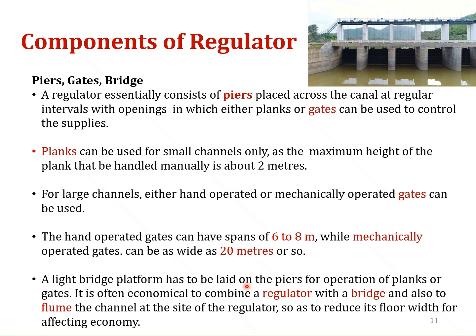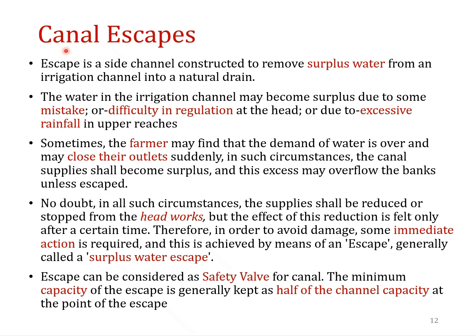So this was briefly about the regulator types and their components. The next type of structure we want to talk about is called canal escape. As the terminology tells you, escape means to flee away. So here, the escape word is used for a structure which is used to remove the surplus water.